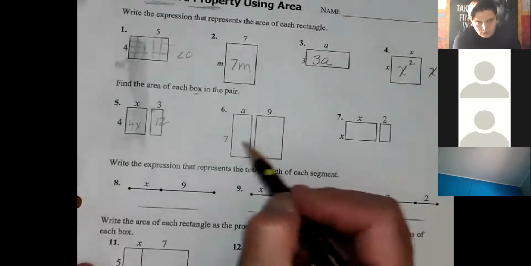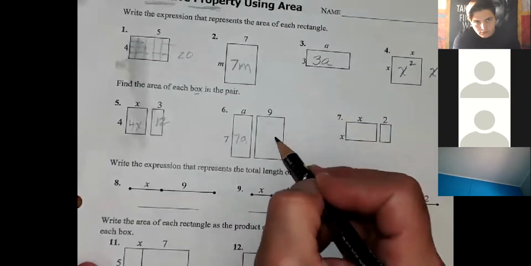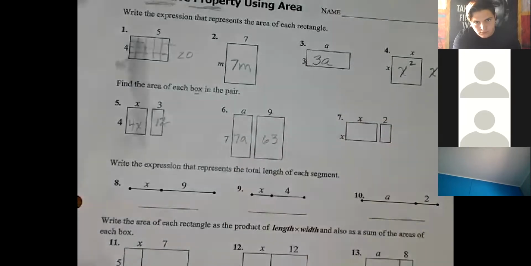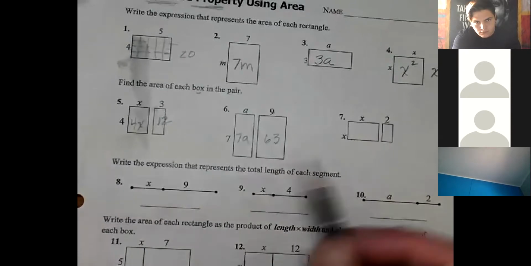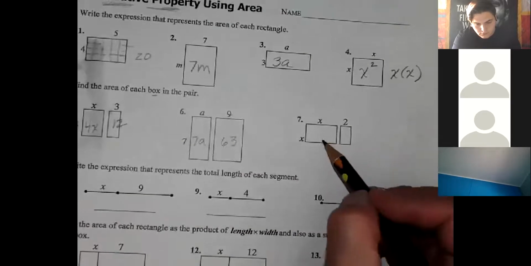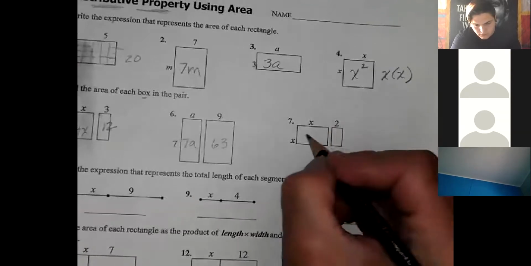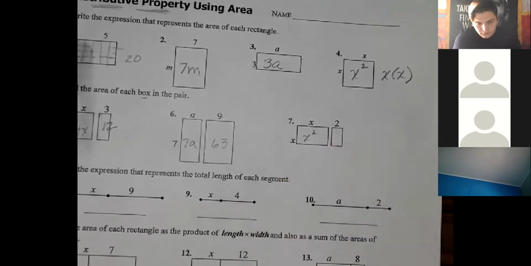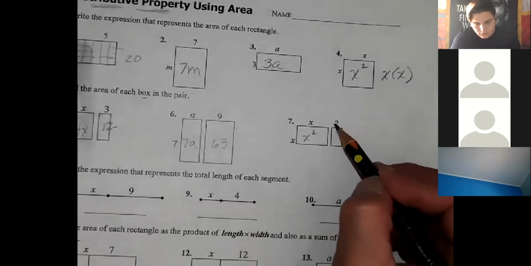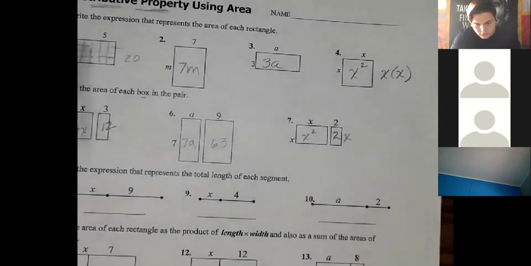We can do the same trick with this one. The first one is 7 times A, but this one is going to be 7 times 9. If you need to use the calculator to do 7 times 9, it's okay with me. And then this one, X times X, let's use X squared. And then this box is going to be X times 2. The traditional way of writing it is with the number first, so 2X.